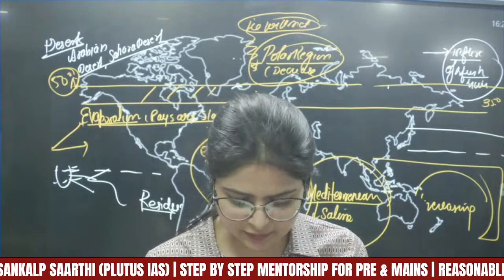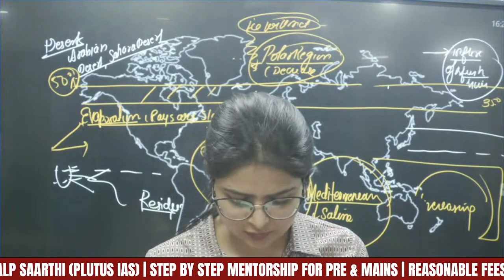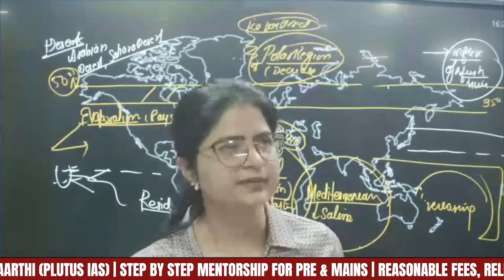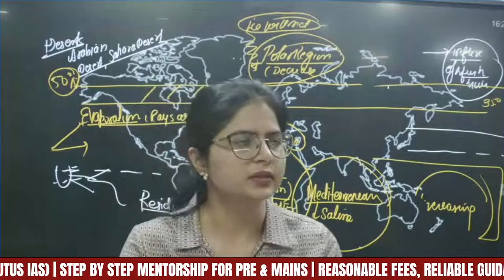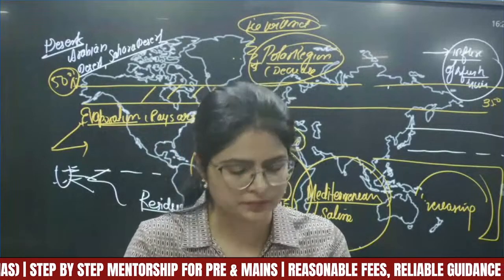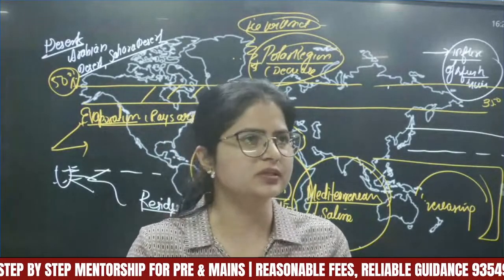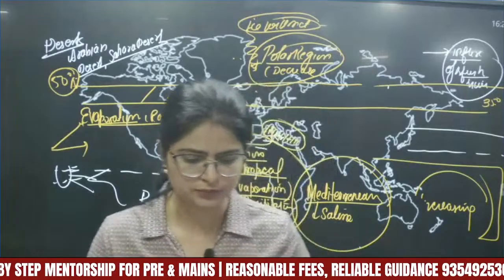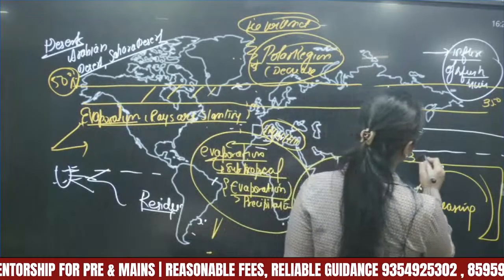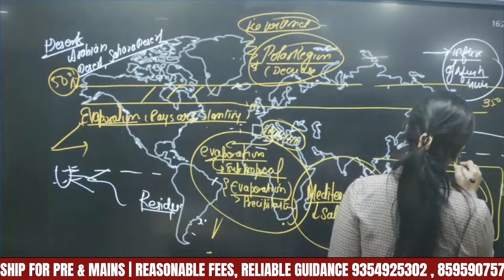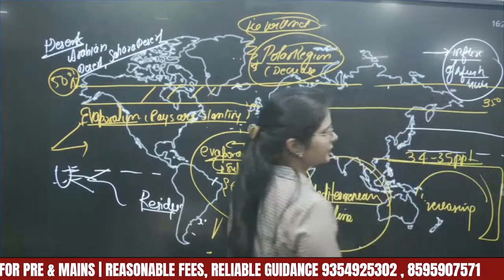Can we write the tropical and subtropical salinity values? Then how is it determining the salinity value in these regions? Okay, let's write. For equatorial regions, write 0 to 10 degree latitude. At the equator, write 34 to 35 ppt, parts per thousand.